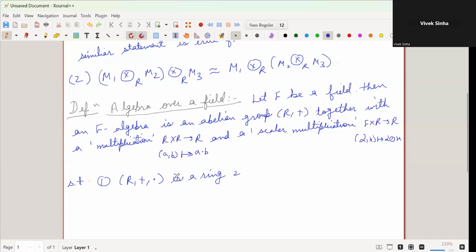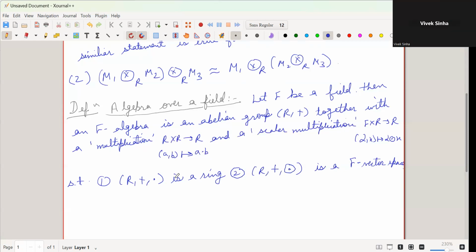So R with this abelian group structure and this multiplicative structure forms a ring. Then R with the same additive structure and this scalar multiplication must be a vector space. So R is a ring as well as a vector space, and that's why we call it an F algebra, because the role that F plays is to make it a vector space.